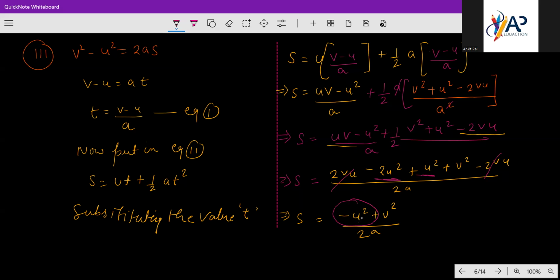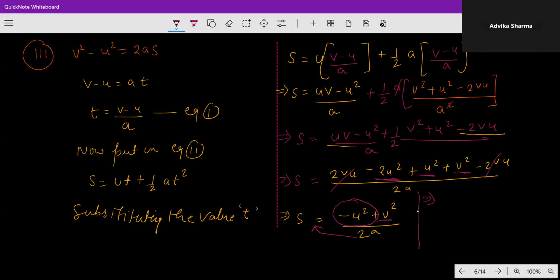Yes or no? Yes. And this plus v square, which is here, right? Now we simply multiply 2a with s, which is equals to 2as is equals to minus u square plus v square, right?